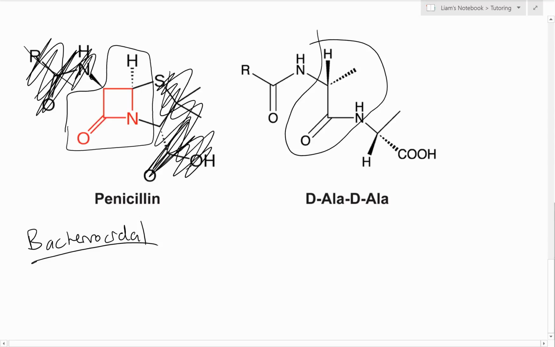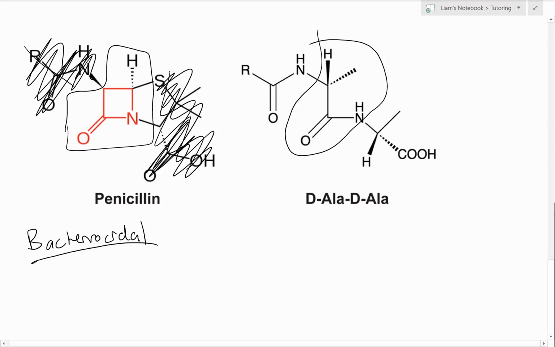And then the defects mean that the bacteria wants to fix it, and so it starts actually degrading its own cell wall. But because it's got an inhibited transpeptidase, it can't make more peptidoglycan, so it ends up chewing up its peptidoglycan wall and then lysing, because it ends up killing itself.